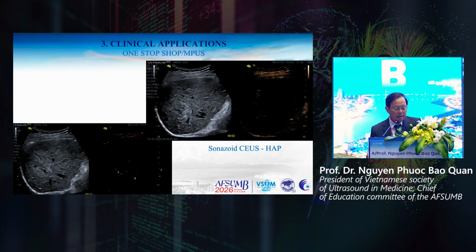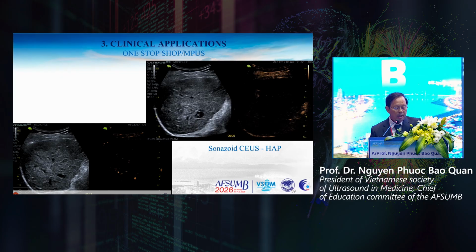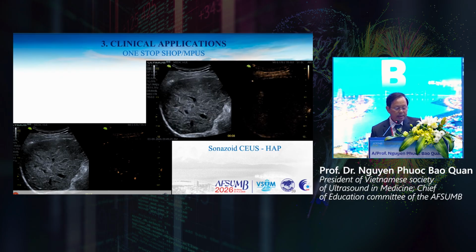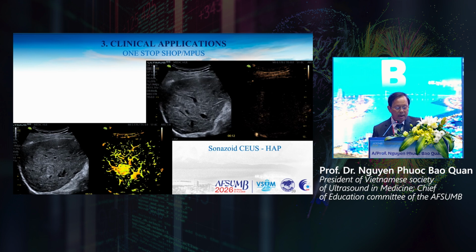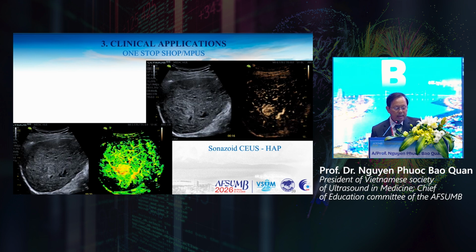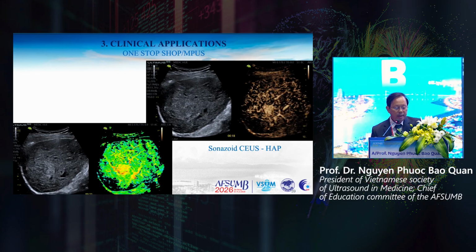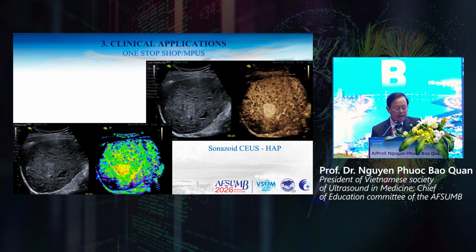So I continued to examine the patient with CEUS. This video shows the CEUS of the focal lesion of the patient. We can see very strong contrast enhancement in the arterial phase, which continues to enhance.